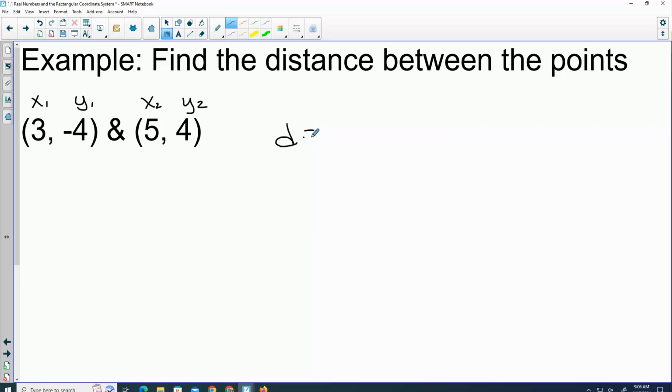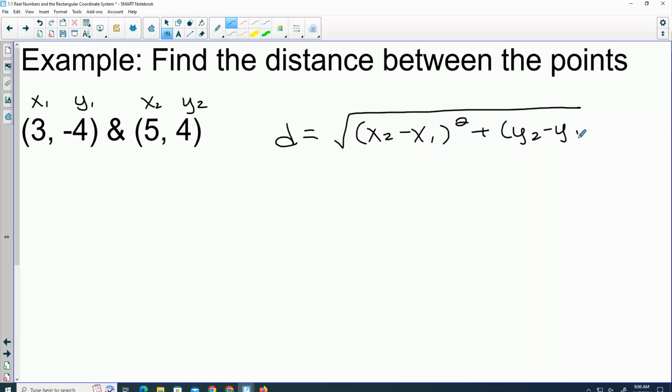So our distance formula that we just wrote down, we're just going to plug into this formula.